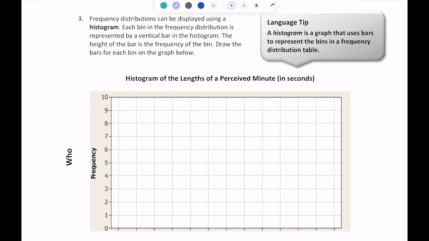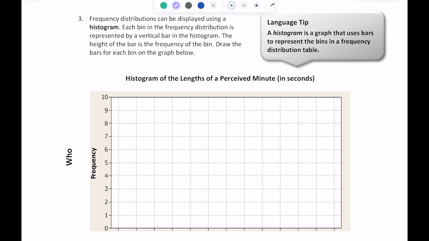So we can take the frequency table and display it using a histogram. A histogram is a type of graph that is used for quantitative data. It's very similar to a bar graph, except that it's not. You've got your bins, and the height of the bar is the frequency of the bin. Then we draw bars for each bin on the graph.